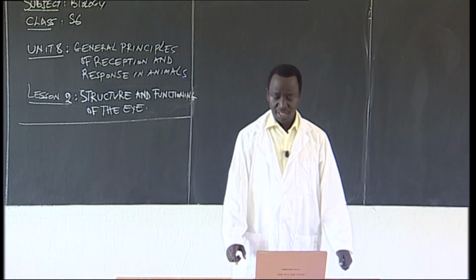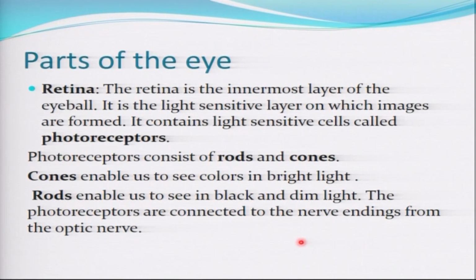Now we have the retina. Retina, which is the inner what? The inner part of the eye. The innermost layer of the eyeball. It is light sensitive. The light we are talking about, the light that gets into the eye, is going to be received on the retina. Why? Because the retina contains what we call photoreceptors.